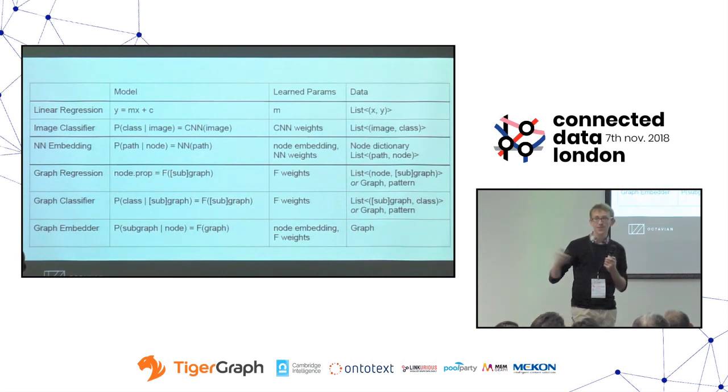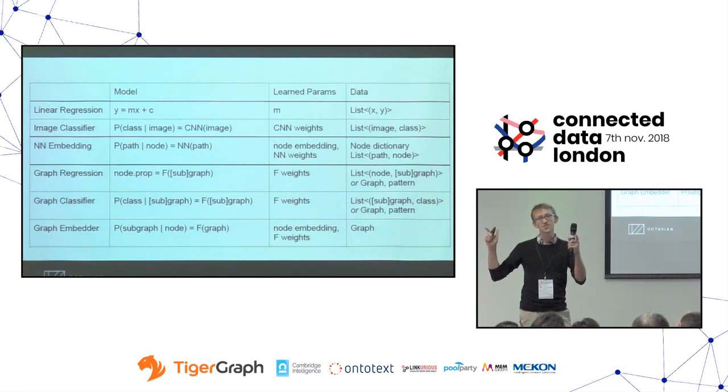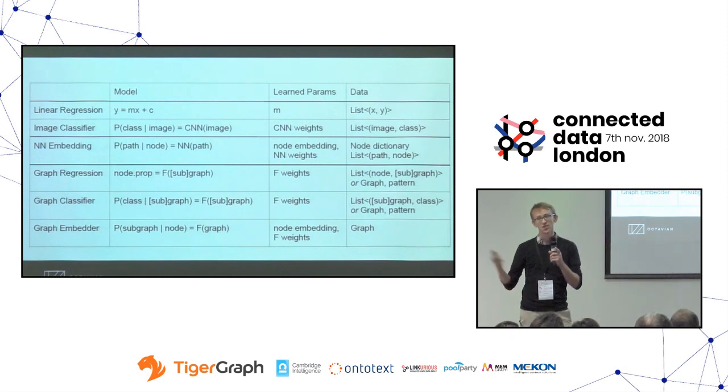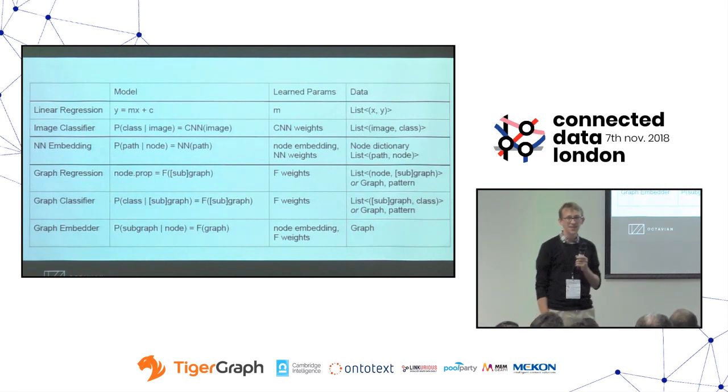So they take the graph, they do lots of random walks typically on the graph, and then they take those walks and use them as sequences to put into a recurrent neural network. So they turn the graph into a load of sequences, and then sequences are something that we can work with recurrent neural networks. But my contention is this isn't graph native. Okay? Every time we take a random walk in the graph, we lose a load of information.